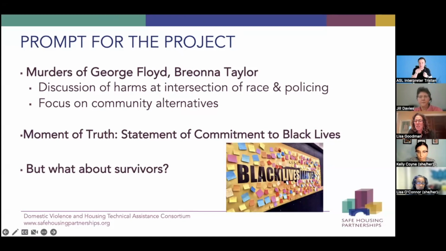This document, and several others that I'm going to talk about, will be in the chat soon, so you can see for yourself. It really called for a shift away from the criminal legal system and towards community solutions like restorative justice and transformative justice, which got us thinking about what was needed to really do this.